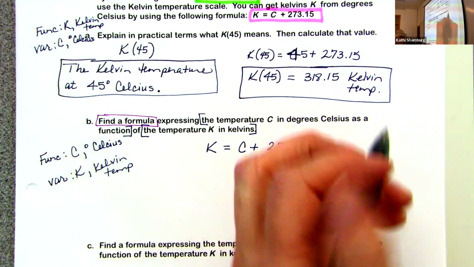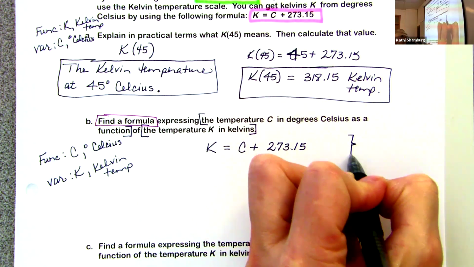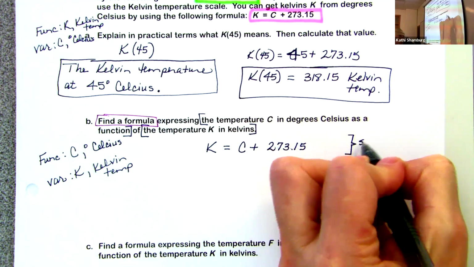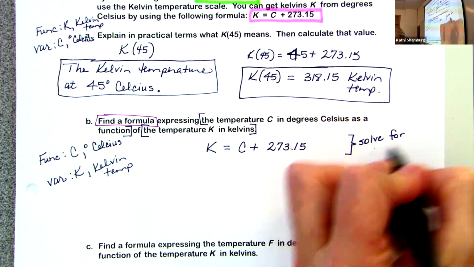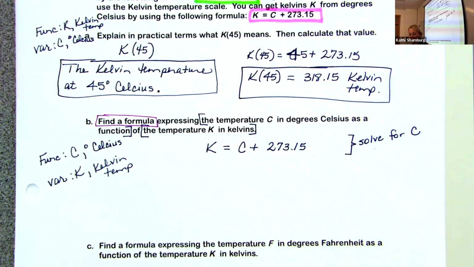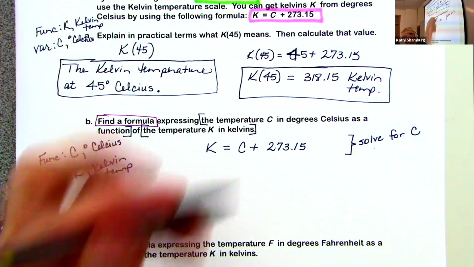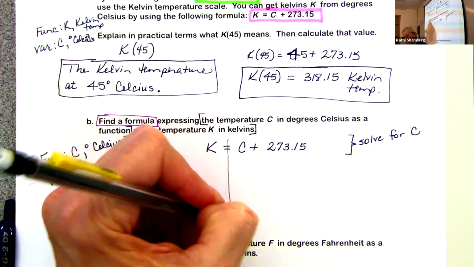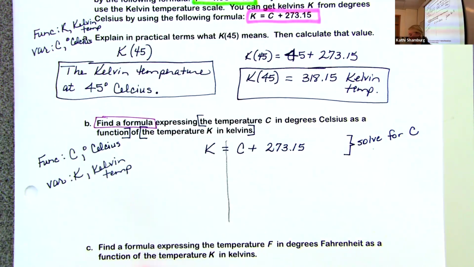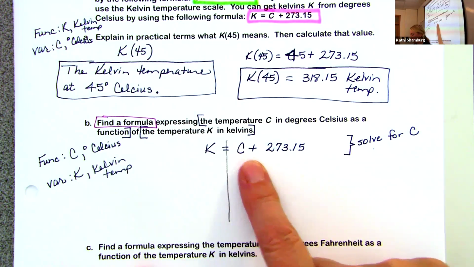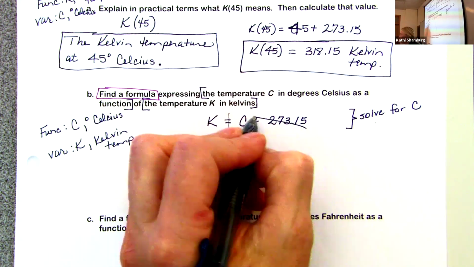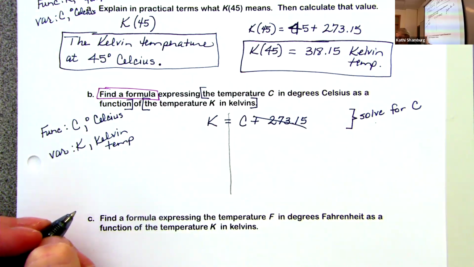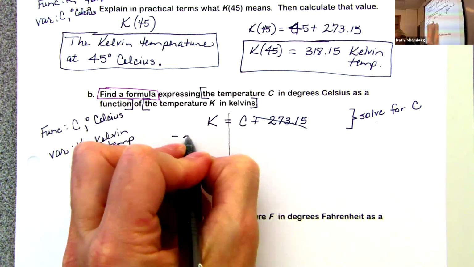C. Because it wants C to be my function, that means I will need to take this formula and solve for C. I want the C all by itself, so the only thing I need to get rid of is this plus 273.15, and if I move it to the left, I subtract it.